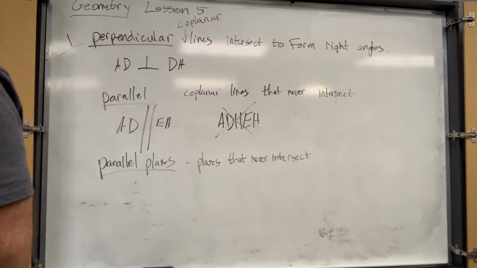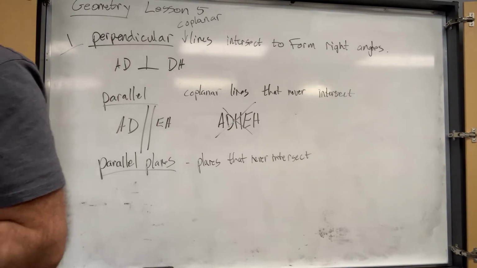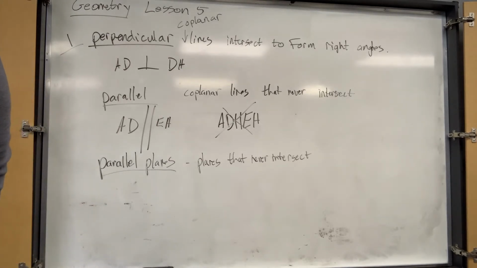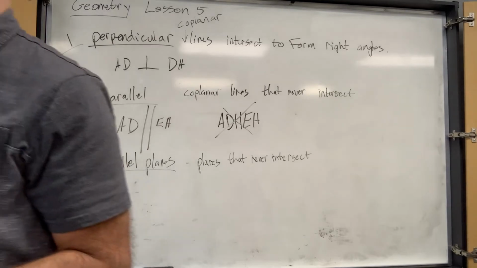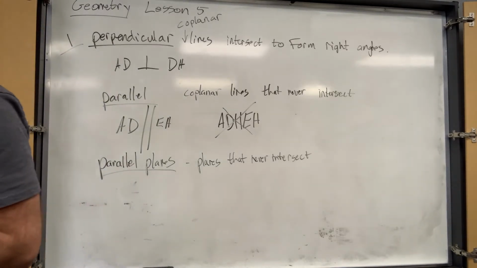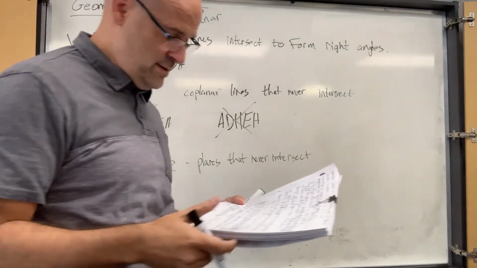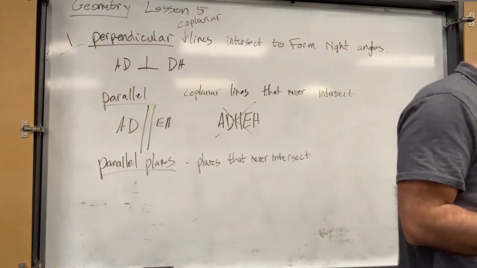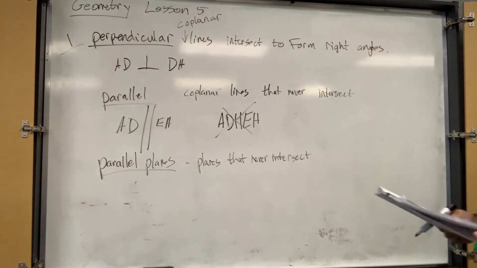Now, remember, planes go on forever in both directions. So even if that cube was a little dented in and it came like this, those would not be parallel planes because they would eventually intersect. But these, we can assume will never intersect. Okay? Because if it's a cube, that's what a cube does.